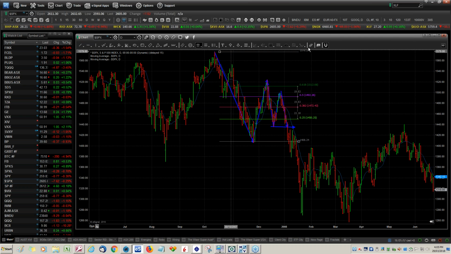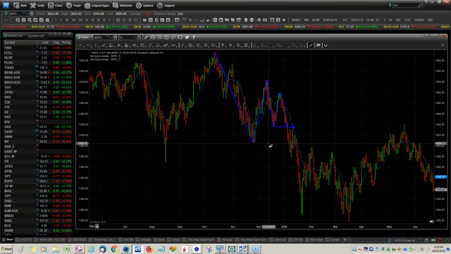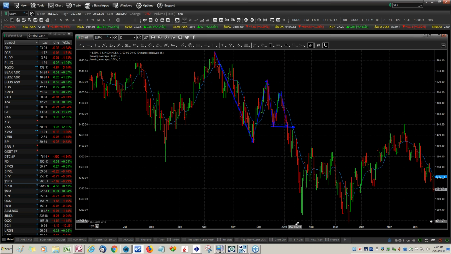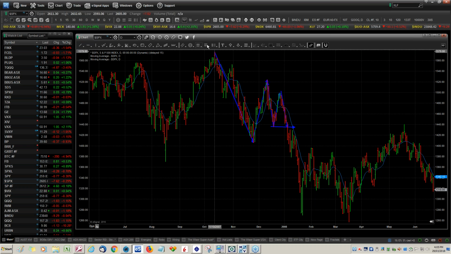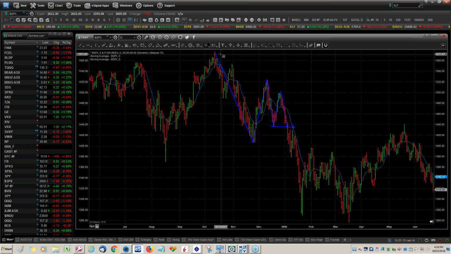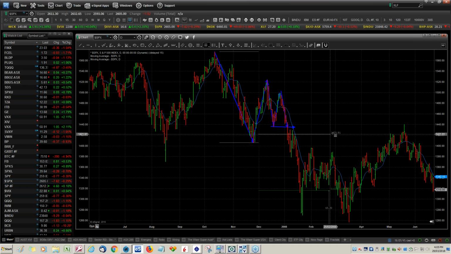Let me just get rid of the revision, because that's not what we're interested in. What we're interested in is how far the market can fall. The first piece of information I'd like to use is the previous range, and that was the range that started on the 11th of the 10th, 2007, down to the bottom of the range, which is on the 26th of the 11th, 2007.